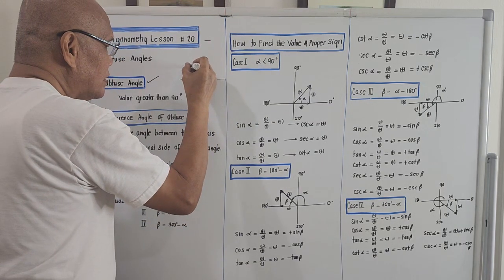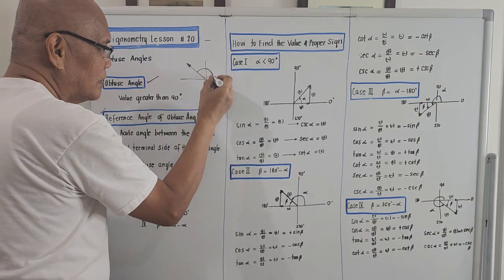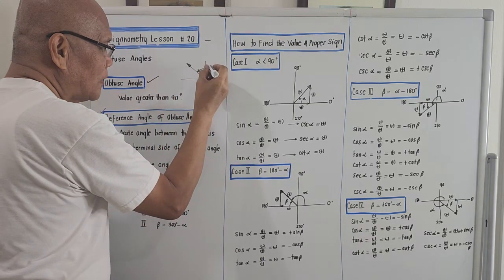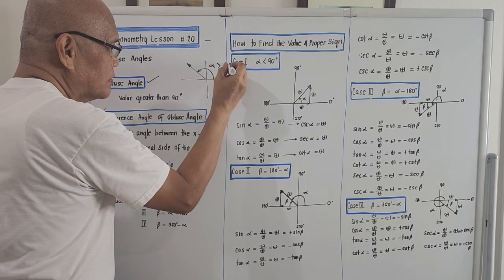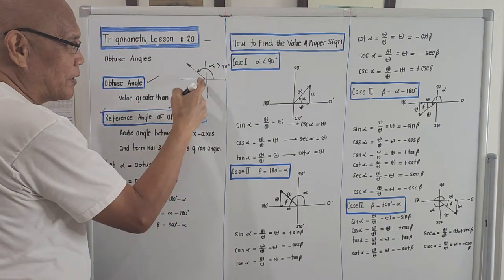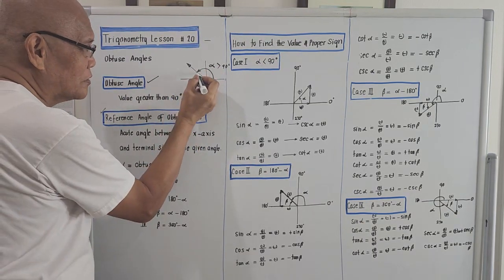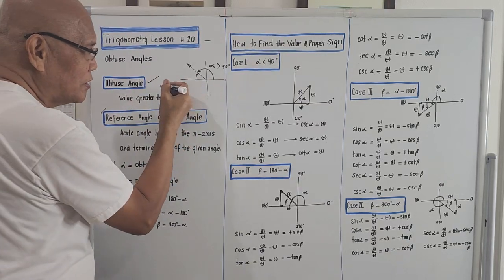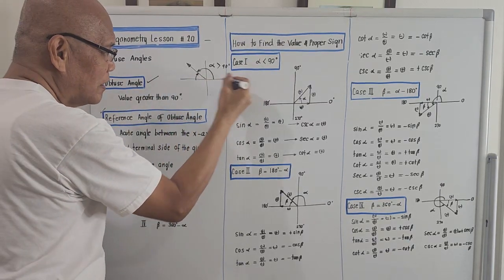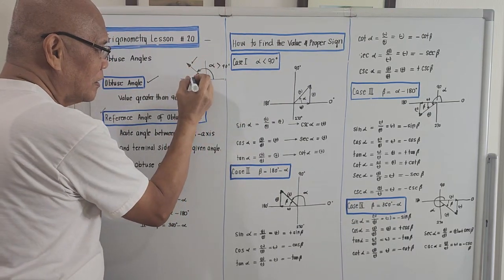It is something like this. If this is the angle, and this will be alpha, and alpha is greater than 90 degrees, the reference angle of this alpha here, as per definition, should be this angle here. It should be the angle between the 0 degree line and the terminal side of the given angle. This is beta.